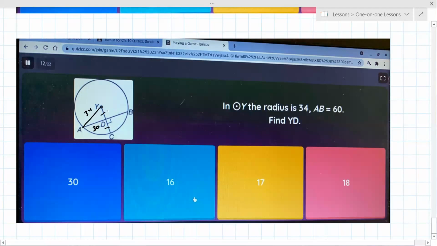Yeah, okay. That doesn't seem right either, but okay. 15. Yeah, okay. Yeah, I mean, again, I think it's just 17. These are the same here.